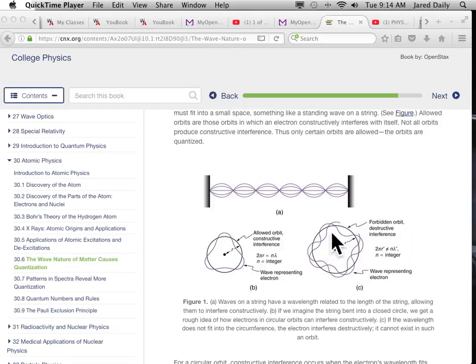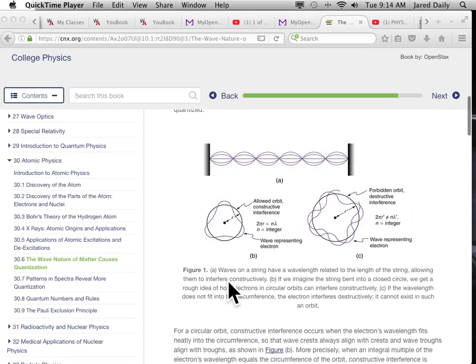If you were trying to wrap a wave around an atom and it didn't wrap around enough times to connect, like you're left with a broken spot in your wave, that would mean that this particular arrangement of the electrons just wouldn't happen. And it doesn't happen. It only happens when you get a nice clean wave that connects all the way around and reconnects to itself. So this has something to do with the quantization. You have to have the right kind of wave to fit.